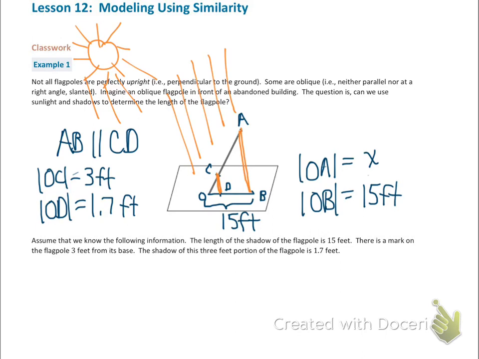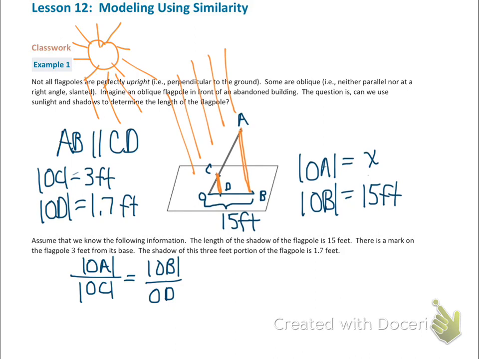So we know that the ratio of OA to OC is equal to the ratio of OB to OD.